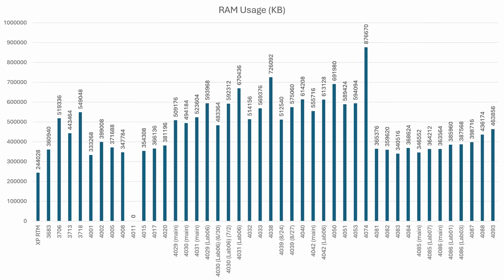RAM isn't a problem at all on this computer. Like I said, this has 4 gigabytes of RAM. All of these would run fine if this computer had 1 gig of RAM, but with a couple of these builds, it would definitely be getting a bit uncomfortable. The build with the highest RAM usage, unsurprisingly, is 4074 at close to 900 megabytes of RAM being used.